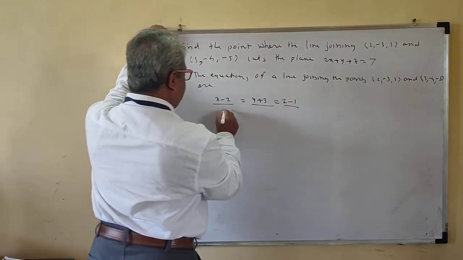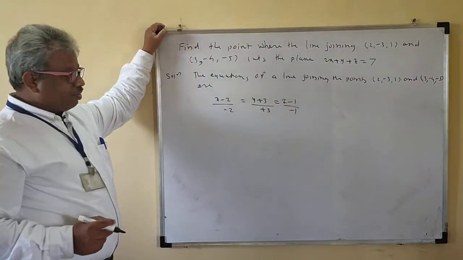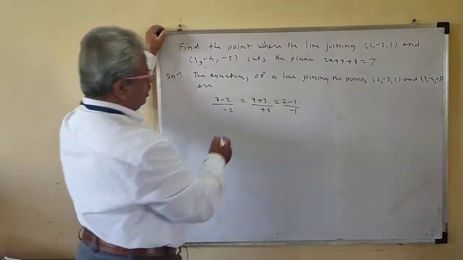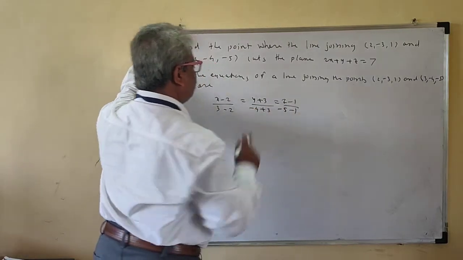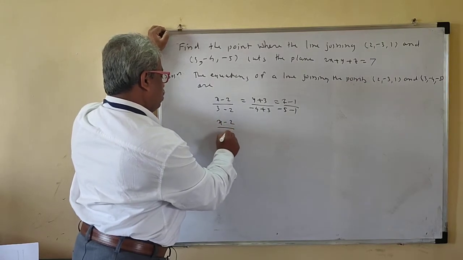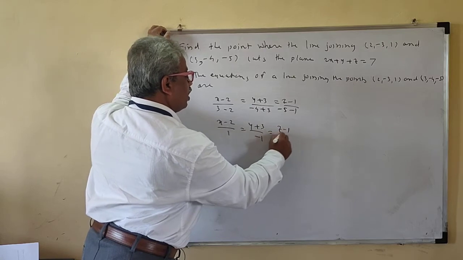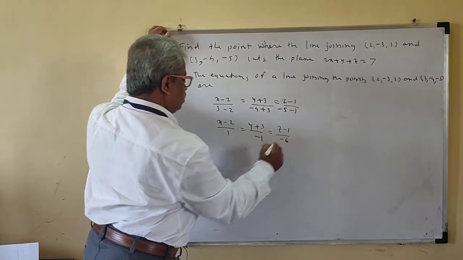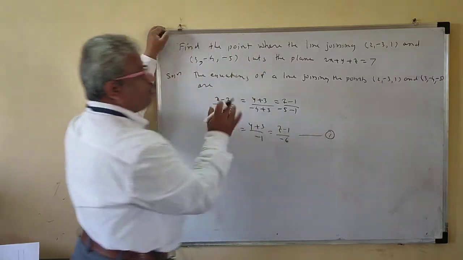Then I have to write this minus 2, plus 3 as it is, minus 1 as it is. I have to use the second point now. Just I have to write this 3, minus 4, minus 5. So we will simplify this. x minus 2 upon 1, y plus 3 upon minus 1, z minus 1 upon minus 6. Okay. So I call this as 1. This is the equations of a line.